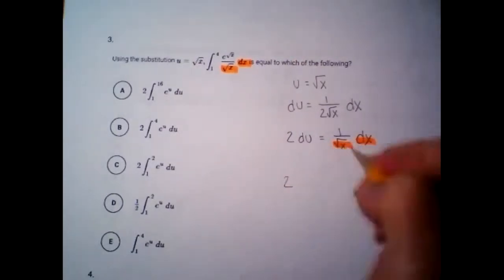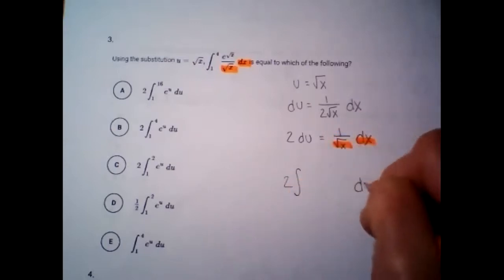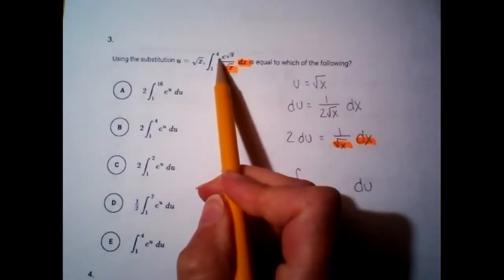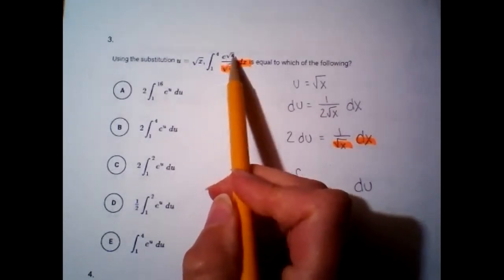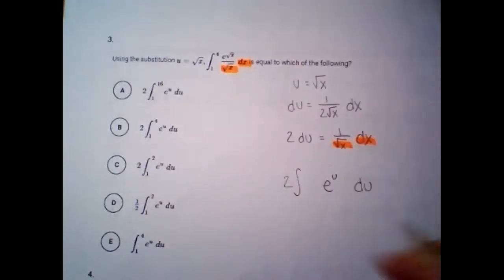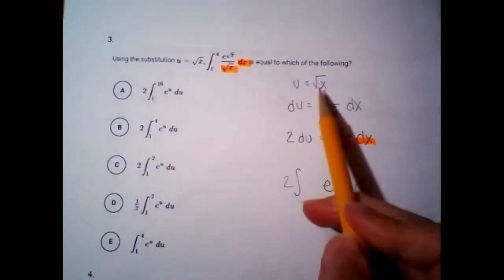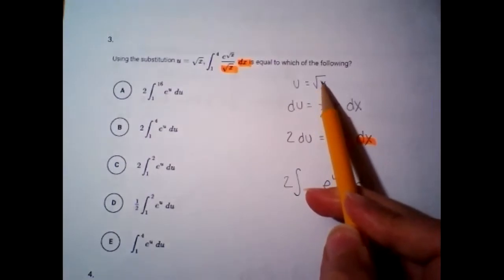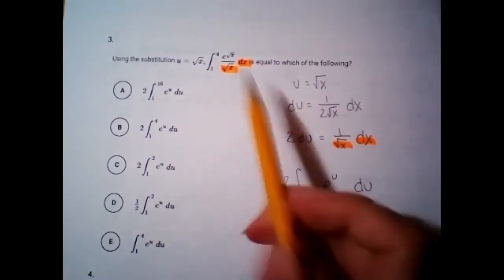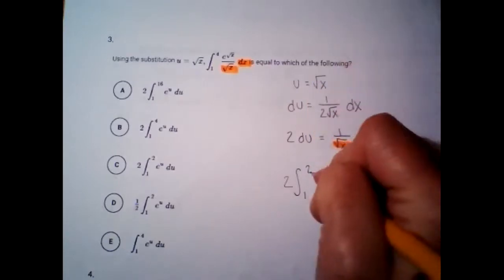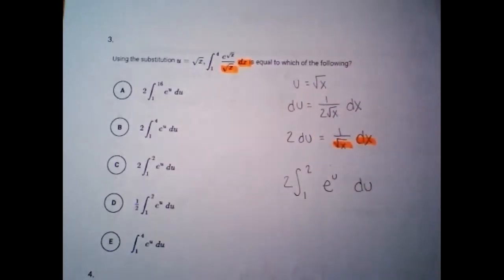So 2 is going to go out front, du is going to go at the end, and what I didn't highlight is still there, which is e to the u. And then the last thing we need to fix are the boundaries. So if I plug in 1 for x, square root of 1 is 1. And if I plug in 4 for x, square root of 4 is 2. And so this one would be C.